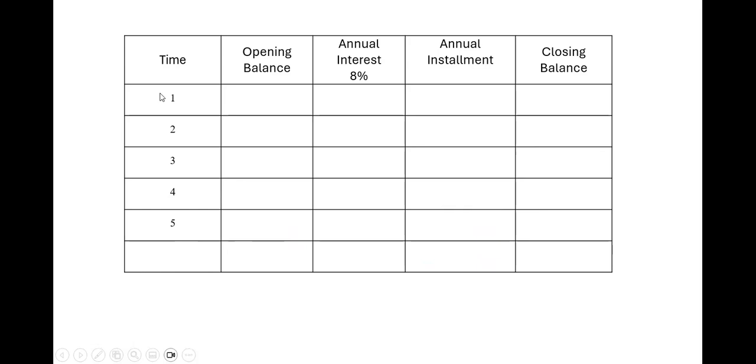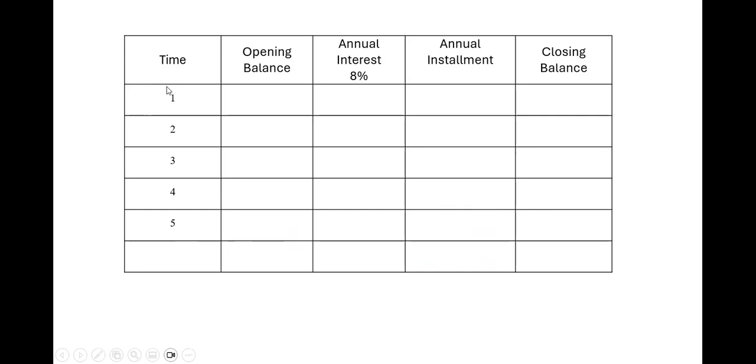If you pay monthly for 5 years, then this column would have 60 rows, because we would have to pay 60 installments. Monthly for 5 years means 60 installments, right?